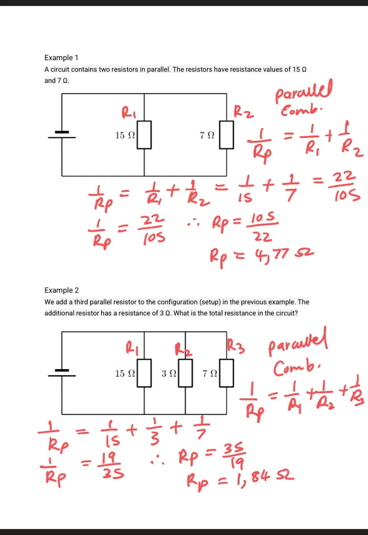What do you notice? The more resistors we add in parallel, the lesser the total resistance. So when we add resistors in parallel, we are actually decreasing the total resistance of the circuit. Isn't that amazing?